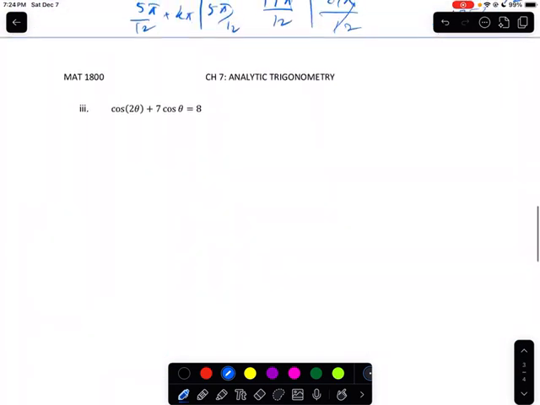Now in the next example we are seeing two trig terms, and at this moment we cannot combine them. So what should we do?